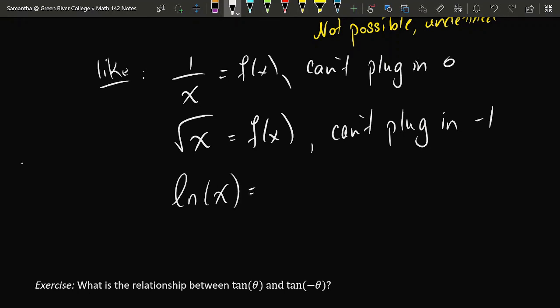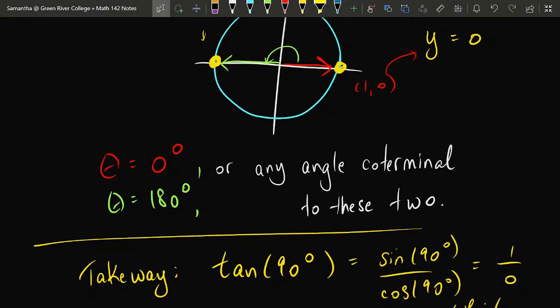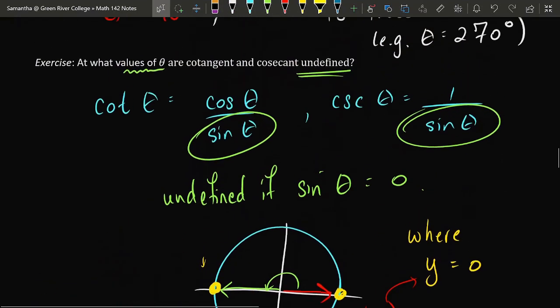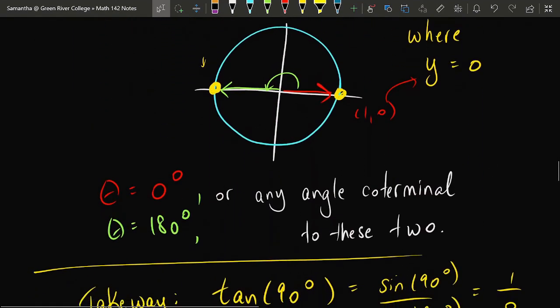Natural log and any other log of any other base, we can't plug in something like x equals 0 or x equals -1. The natural log, you can only ever plug strictly positive values into that function. So for some of these other 4 trig functions, there are certain values that cannot go in, because in the formula you end up dividing by 0, which isn't possible.